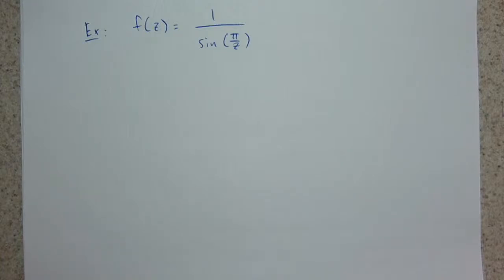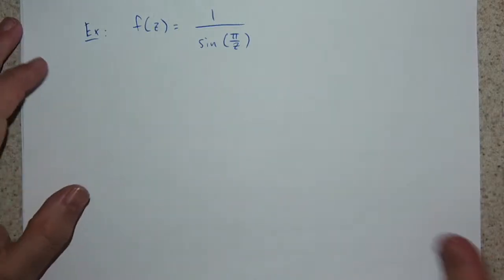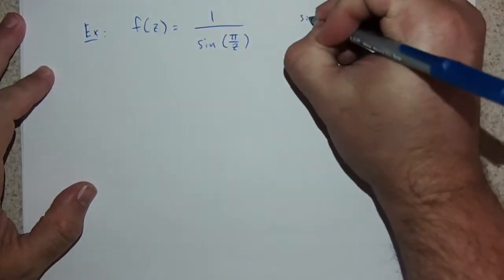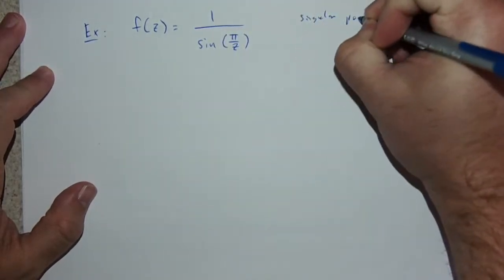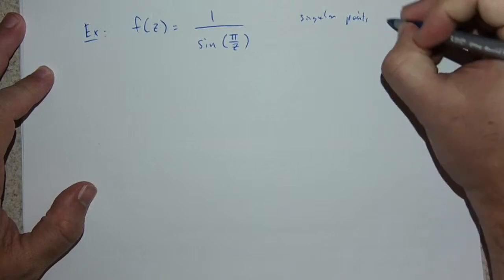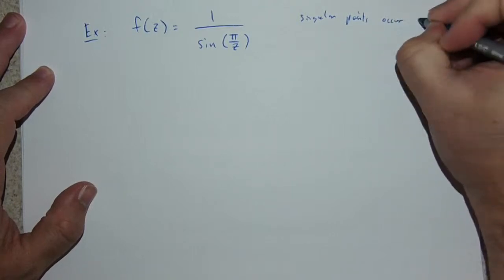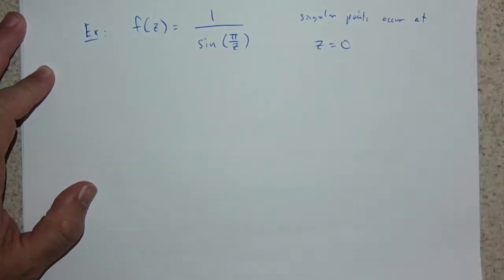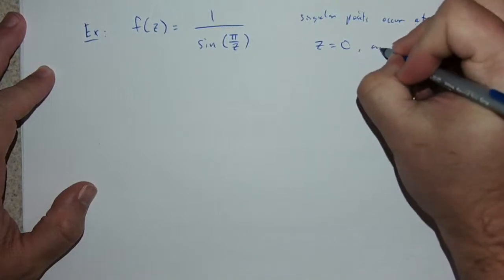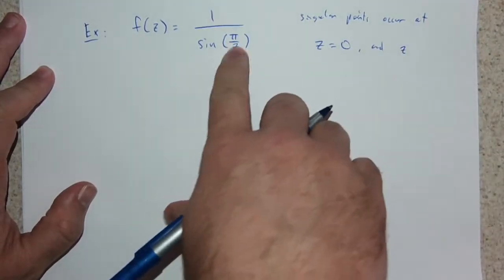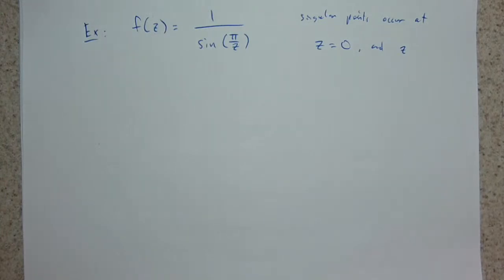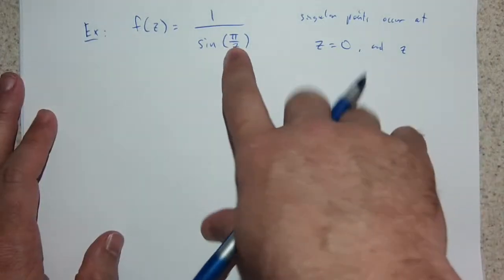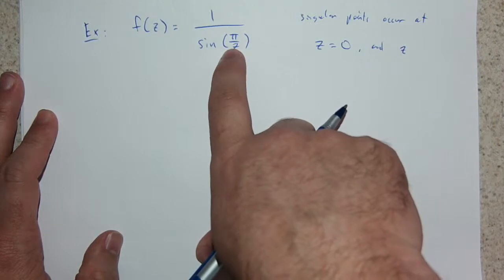And so what's going on here? Well, so singular points occur at, well, when z is equal to 0, that's a singular point. So z is equal to 0. And z is equal to, it's the same as for the usual sine function. So sine of pi over z needs pi over z to be an integer multiple of pi to be 0.